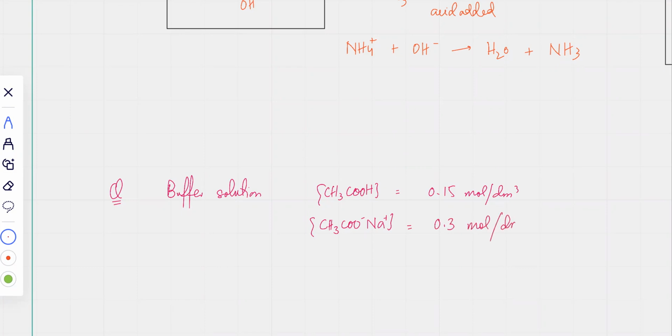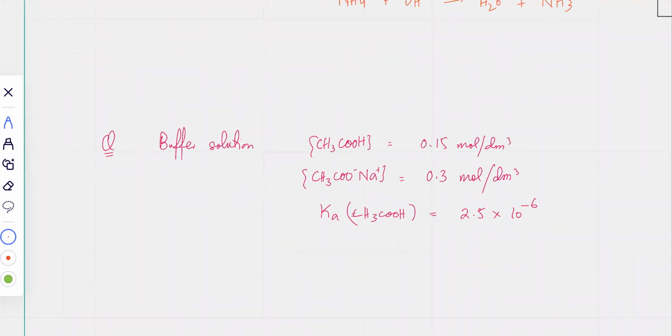So both these things are present, and they've given you the Ka value as well for ethanoic acid. This value is specifically provided for ethanoic acid, and the value is, let's try some made up value, 2.5 times 10 to the power minus 6. Now here's my buffer solution, and he's asking me for the pH of that particular solution.